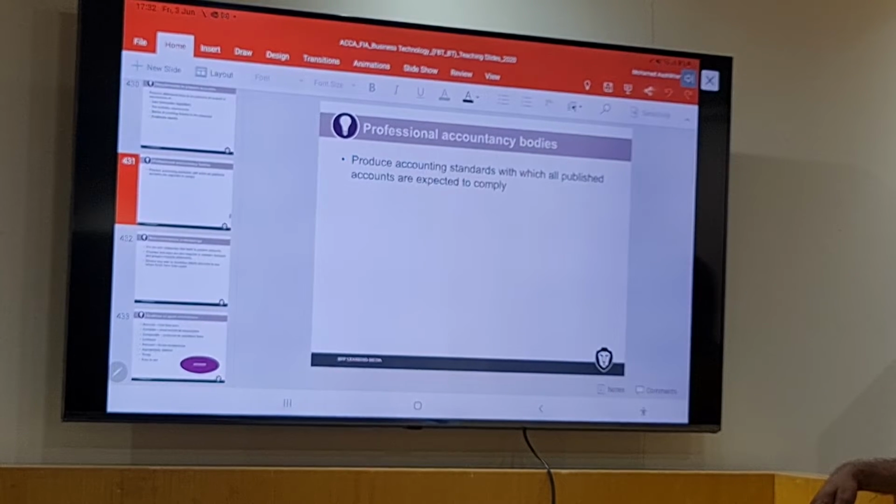What is that? IFAC, International Federation of Accountants, is the mother body for all professional accountancy bodies, and under that is the IASB. Now ACCA, CIMA, CA, everybody should be a member of IFAC.